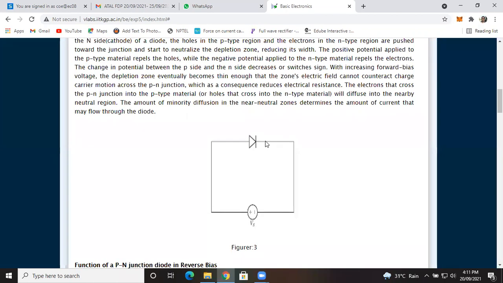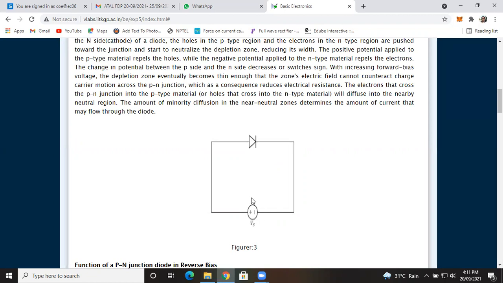The value of this barrier potential for a silicon diode is 0.7 volt, and for a germanium diode is 0.3 volt. This barrier potential always creates a barrier to the flow of free electrons from one region to another.